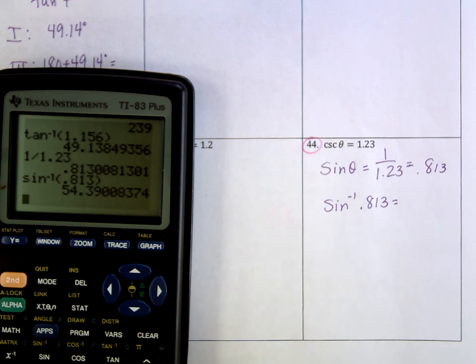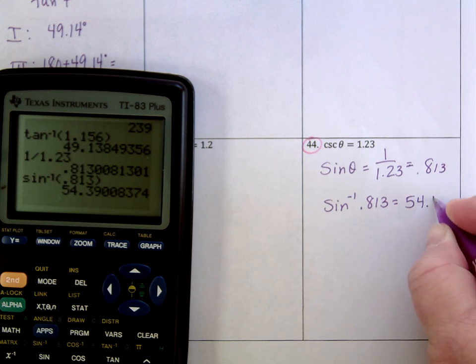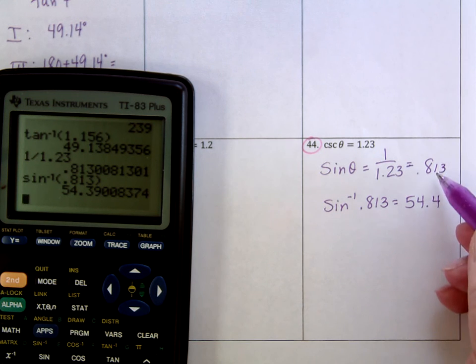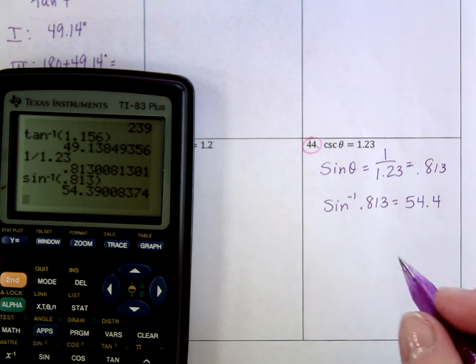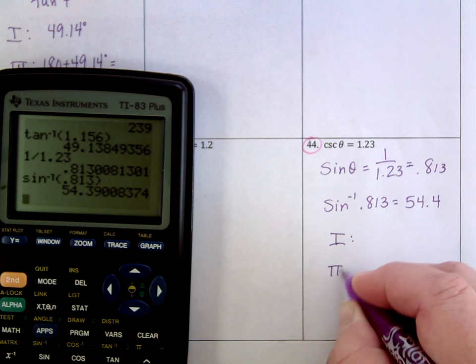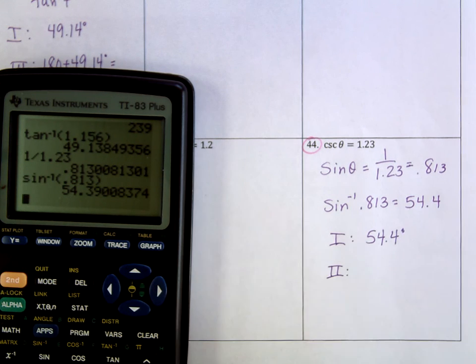And again, I can't just use 54. I've got to round this guy. So it's going to be 54.4, 54.39, whatever one you want to use. Sine is positive, since it's a positive 1.23. Sine is positive in the first quadrant. Sine is positive in the second quadrant. In the first quadrant, it's the same as the angle I got, the reference angle.